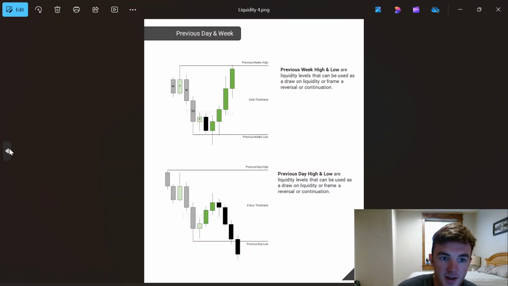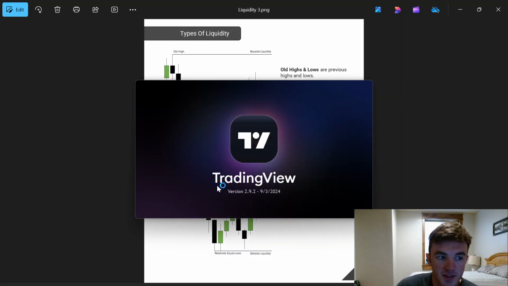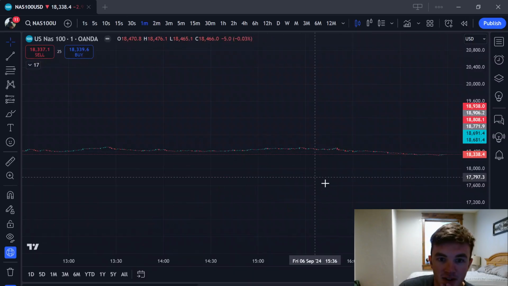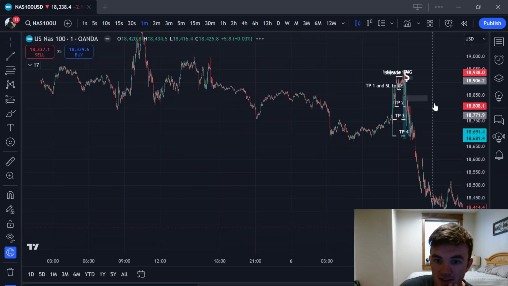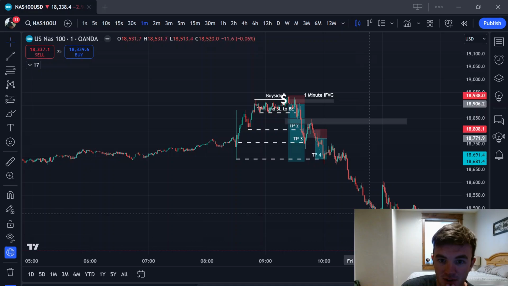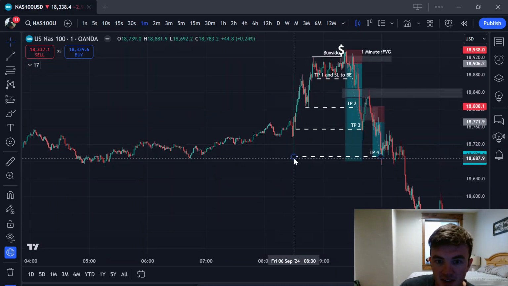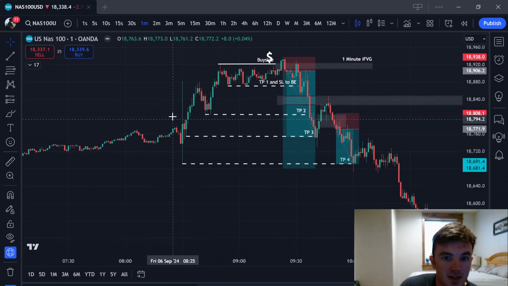Something else I'll add real quick is another significant liquidity target: a data high or a data low. I'm going to go through an example of this from Friday. I still have the whole chart up. This right here is where news came out.